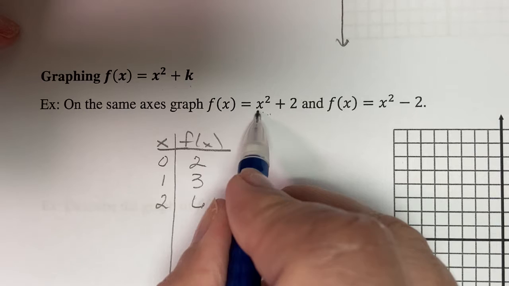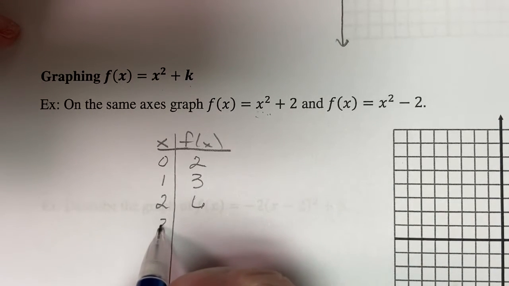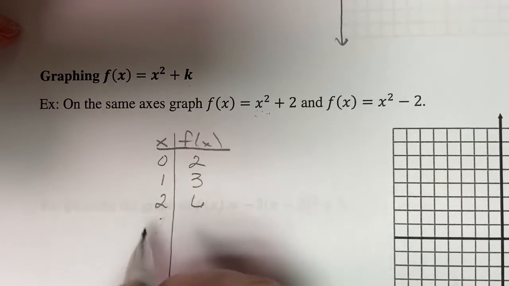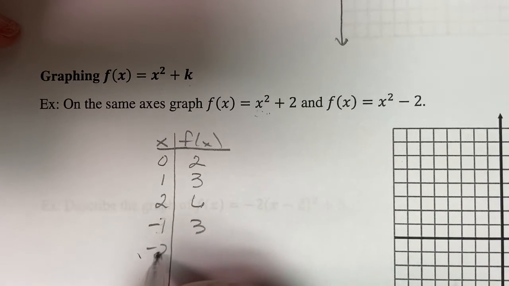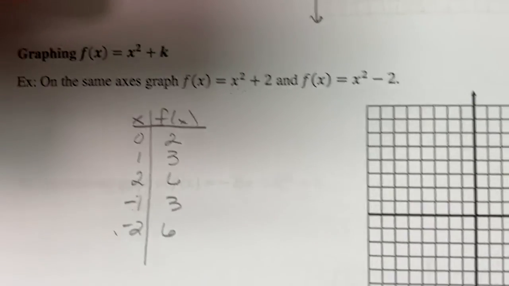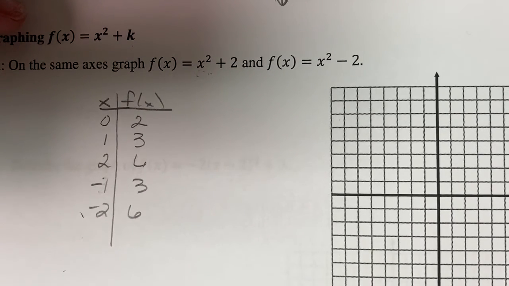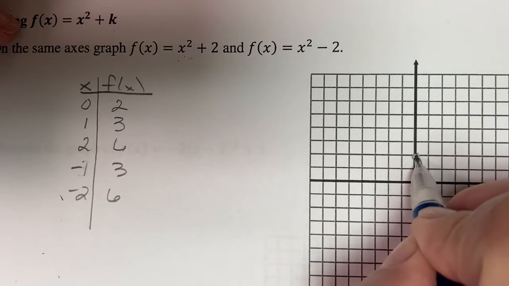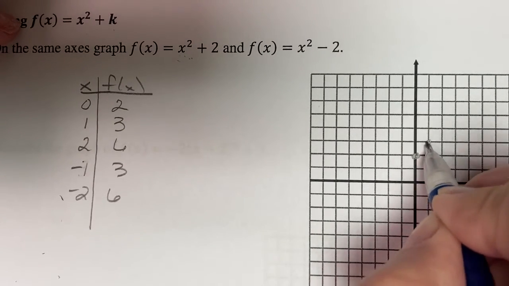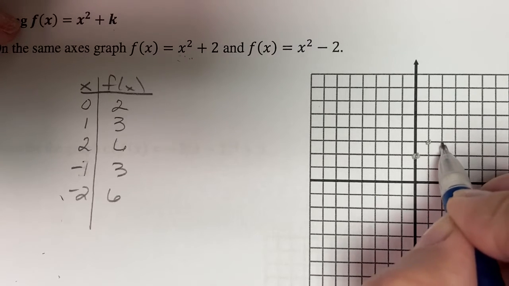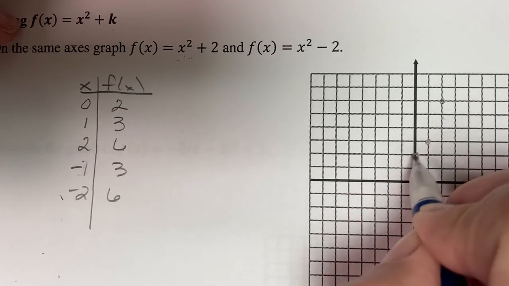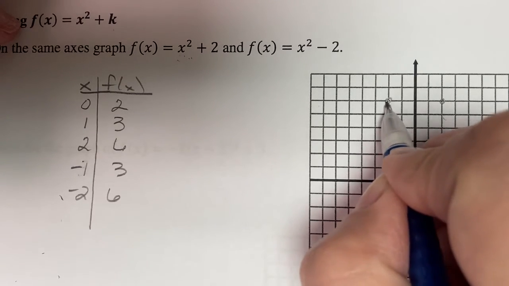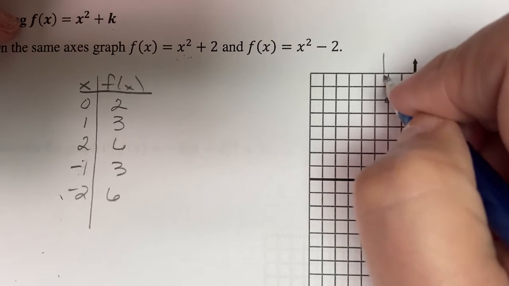If I plug in -1, I'm going to get 1 plus 2, which is also 3. Plugging in -2 is going to give me 6. So let's see what that does to my parent graph that I graphed above. I'm going to have 0, 2; 1, 3; 2, 6; -1, 3; and -2, 6. So there's the graph.